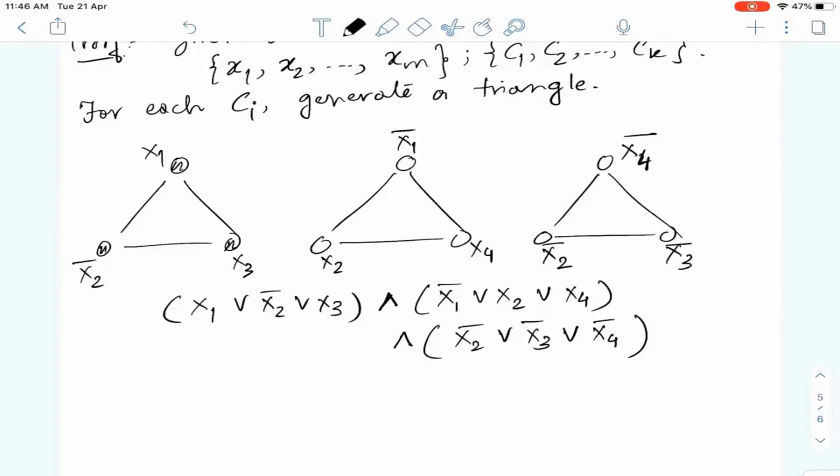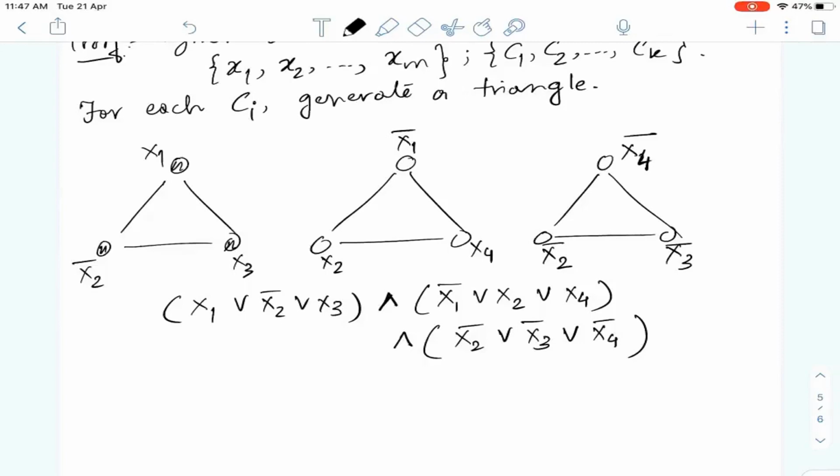Now if I want the vertex with label x1 to be selected in my independent set, then I have to make sure that the vertex that I have labeled with x1 bar is not selected in the independent set, because only then can I do this transformation between a feasible SAT instance and a feasible independent set instance. Everyone understands this?